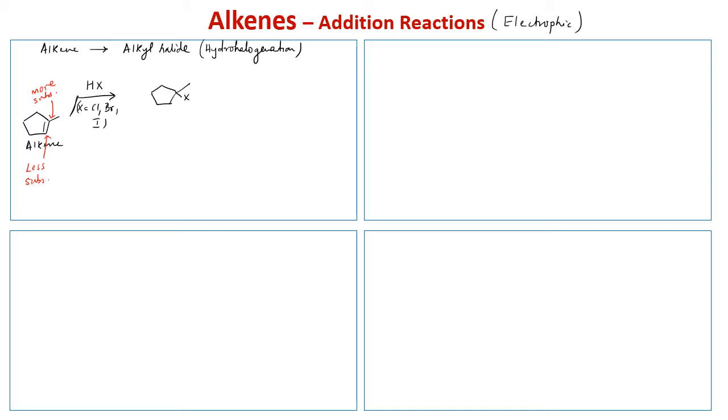So when we make this product through a hydrohalogenation reaction, the halogen ends up on the more substituted carbon.